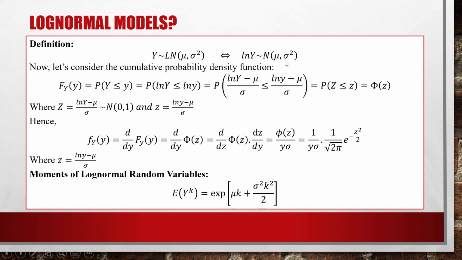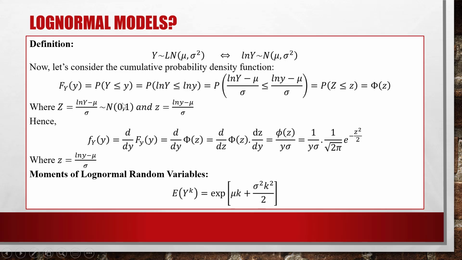Now let's consider the cumulative probability density function. Capital Fy of y, this is the cumulative probability function of variable y. So this should be equal to probability that the random variable y is less than or equal to a value little y.